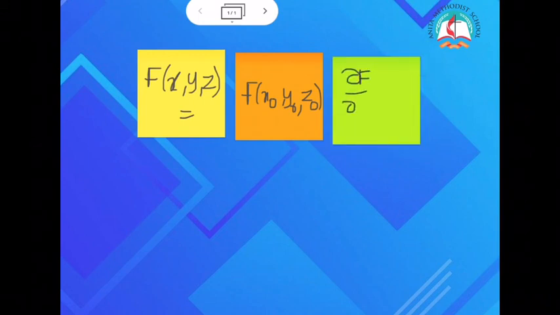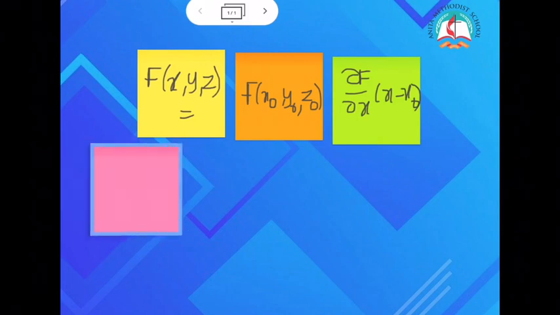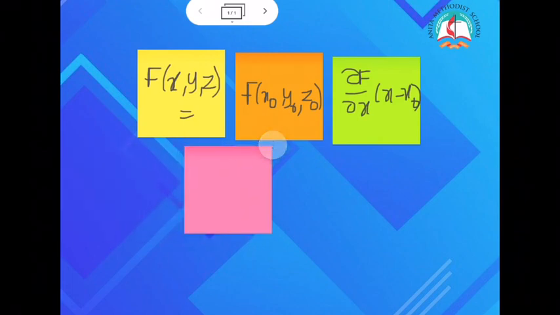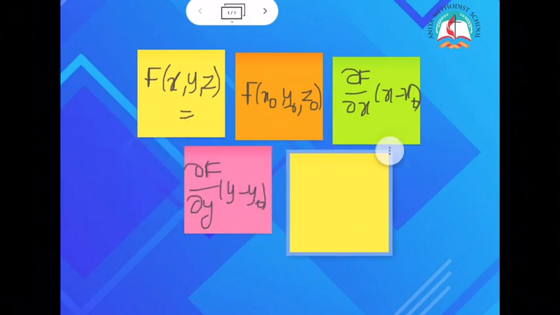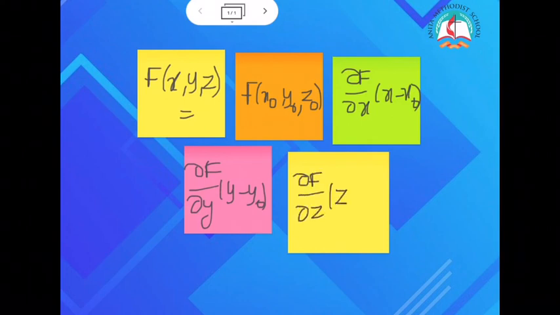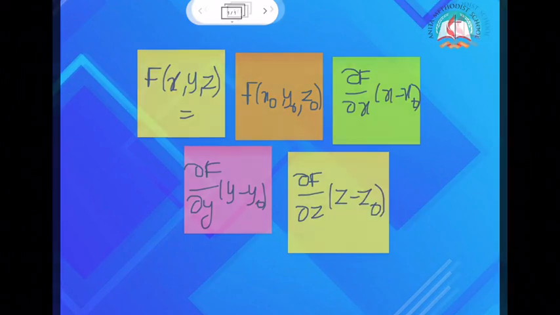So dou f by dou x into x minus x naught plus, the next one is dou f by dou y into y minus y naught. What is the third variable? The third variable is z. Therefore, I can write dou f by dou z into z minus z naught. This is a linear transformation for three variables.